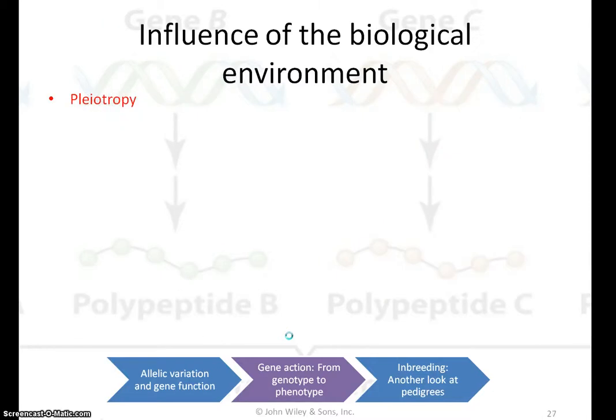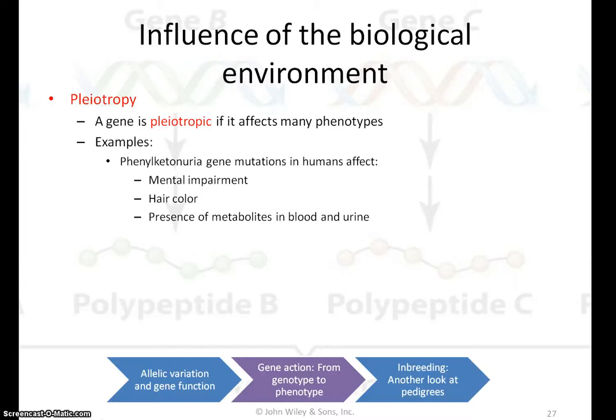One last example of the influence of the biological environment on phenotype is something called pleiotropy. A gene is said to be pleiotropic if it affects many phenotypes. Just like we can have one phenotype being affected by many genes, we can have one gene that affects many phenotypes. For example, back to PKU, gene mutations in humans, the accumulation of harmful end products from the metabolism of phenylalanine can lead to many different effects.